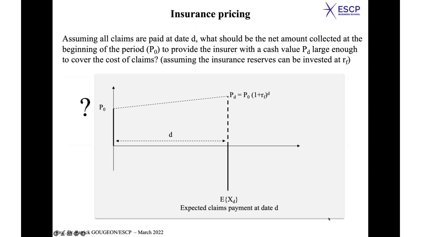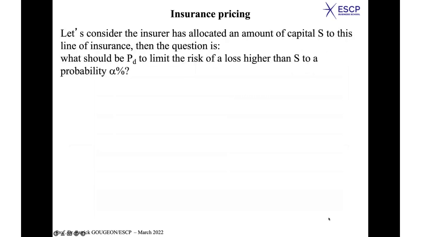Our problem is to determine what P0 should be. So now we need to have a kind of objective for the insurer in terms of risk management, okay? So let's assume that we launch a new branch of insurance with a specific entity to run this line of insurance.